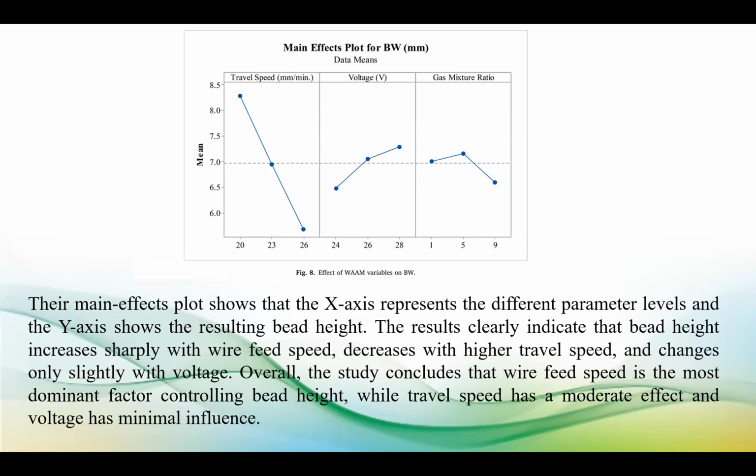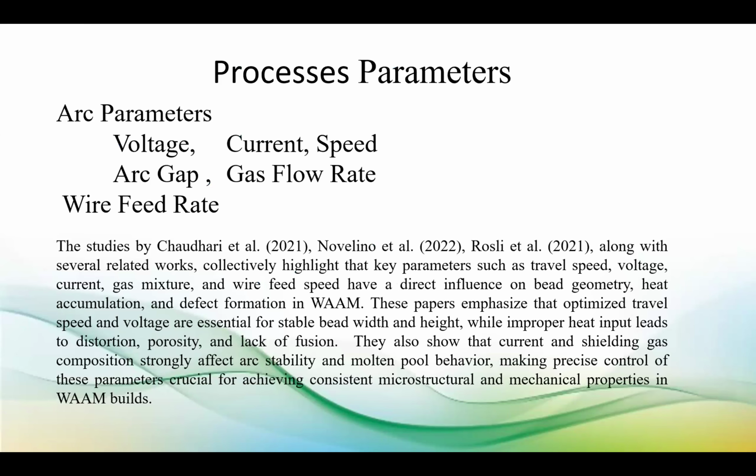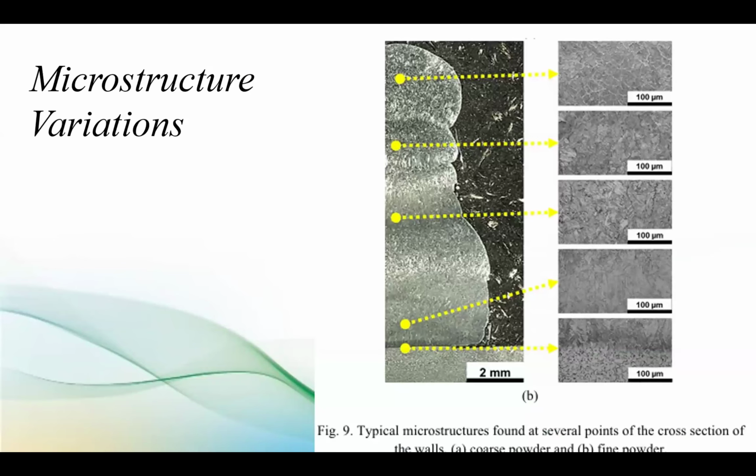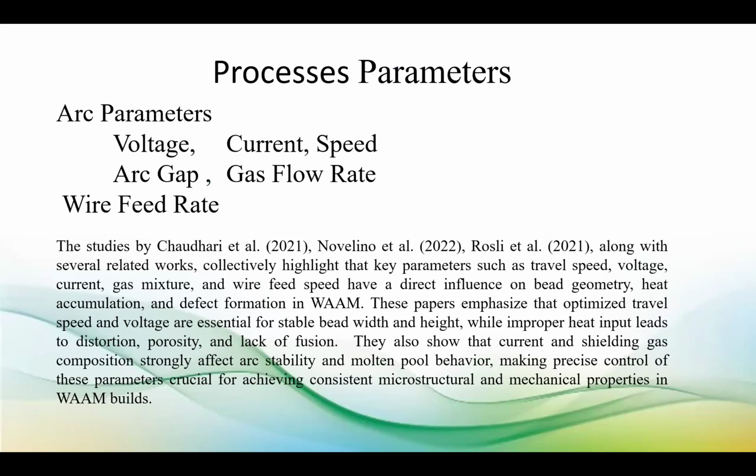Many studies of this type are available in the literature, where these process parameters are optimized using different techniques and different methods. So parameter optimization is one major area where research is going on in WAM.